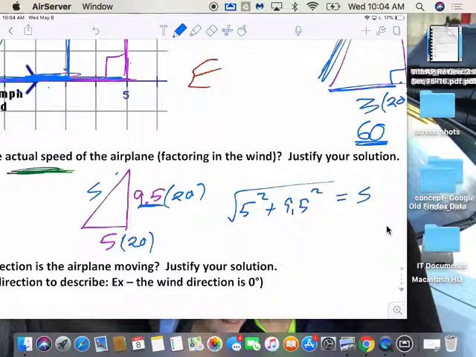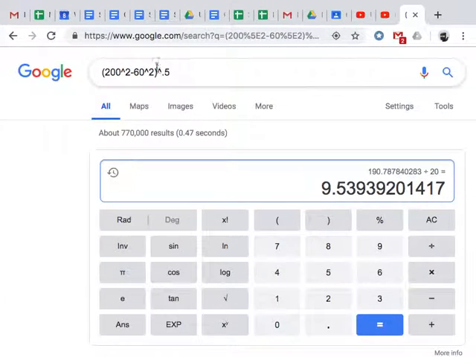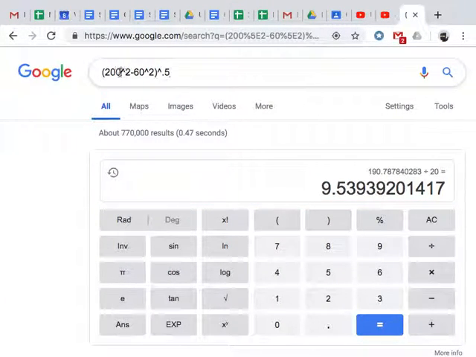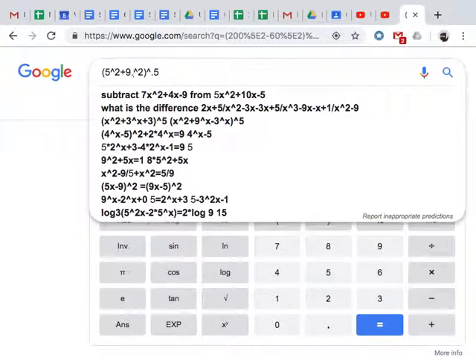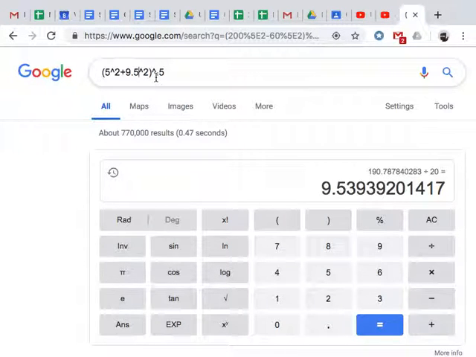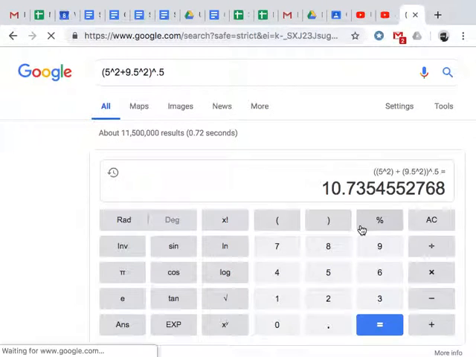And I'll take it as, you want to beat me to it again? Be really nice. So 5 squared, that's 25. This one's plus 9.5 squared. Square rooted. 10.735.